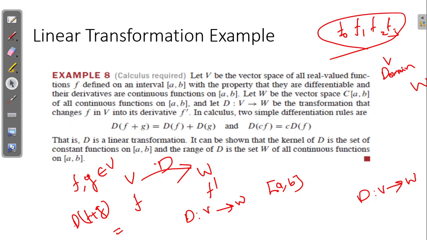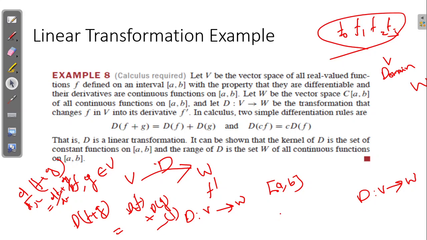Then D of f plus g. We have studied in our calculus class, d by dx of f plus g, where f and g are functions of x, equals df by dx plus dg by dx. So we get D of f plus D of g, right? So the first axiom is satisfied.